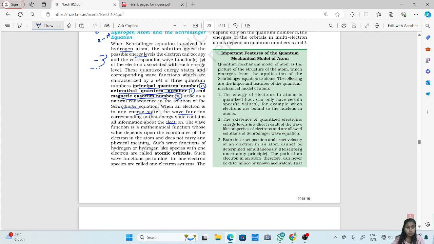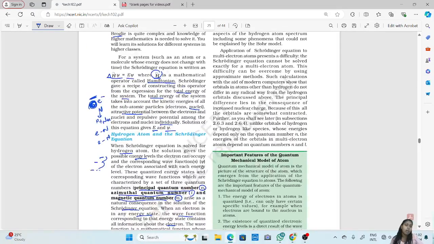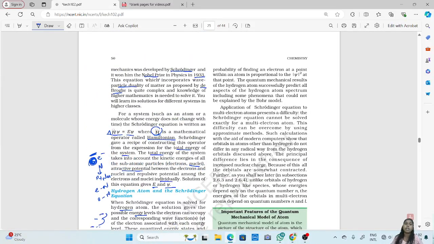Wave functions of hydrogen or hydrogen-like species with one electron are called atomic orbitals. Such species are called one electron systems. Mostly hydrogen is the one. Or when helium, lithium, beryllium lose electrons in their oxidation states, they can also be considered one electron systems.